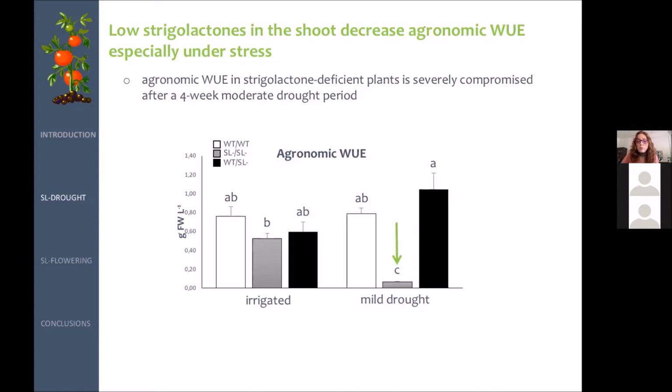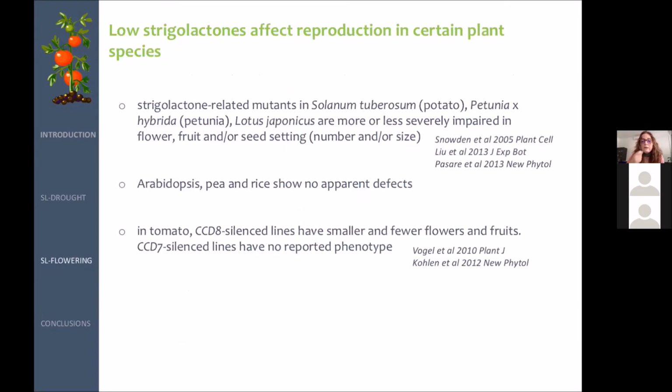We wondered whether this effect, that is very much worsened by drought, could be linked to a specific defect for reproduction. And in fact, there were hints in the literature that this could be the case, because especially among Solanaceous plants, when strigolactones are not synthesized or not received, we do have a phenotype in reproduction that can be also quite severe, depending on how strong the molecular phenotype is.